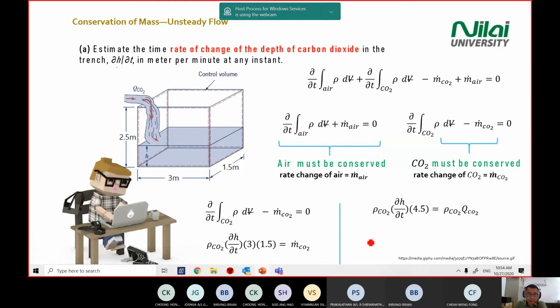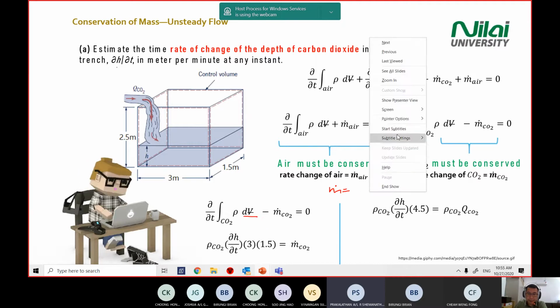Okay. The rest, you expand the m dot. I repeat this one again. In there, we have the volume, and we have to multiply with 3 times 1.5 times 2.5, right?